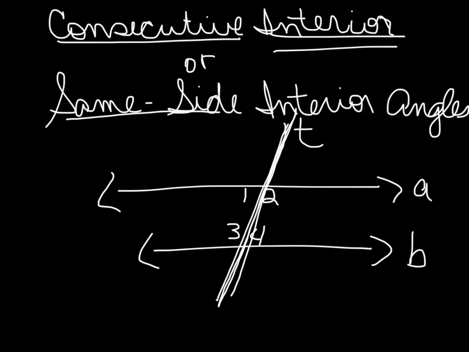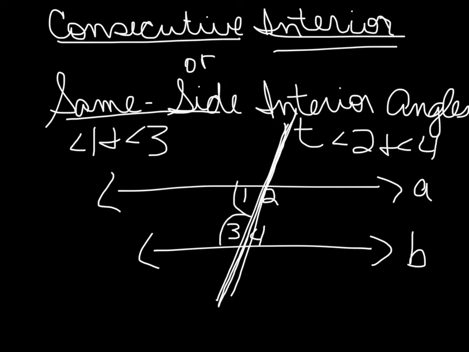So what is same side interior here? Angle 1 and angle 3, and the other set would be angle 2 and angle 4. So 1 and 3 are same side interior, and angle 2 and angle 4 are same side interior.